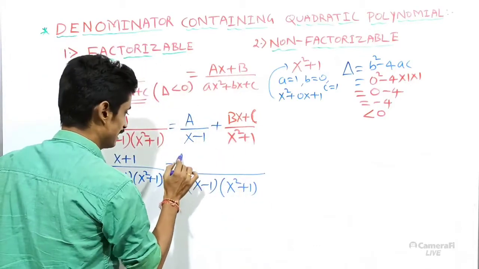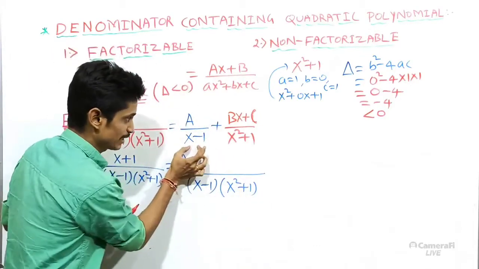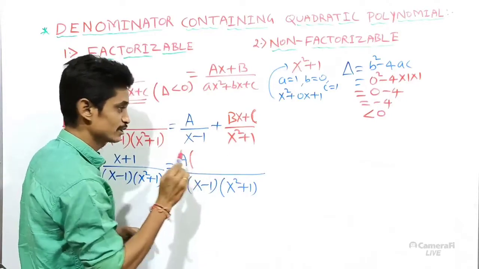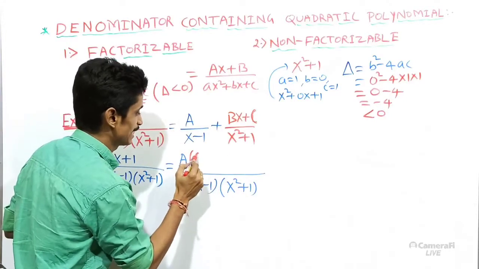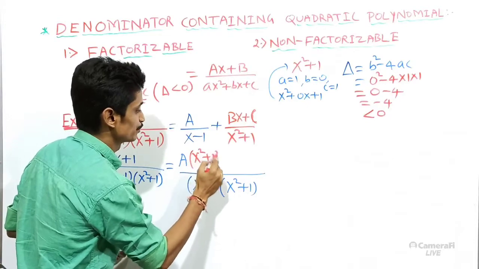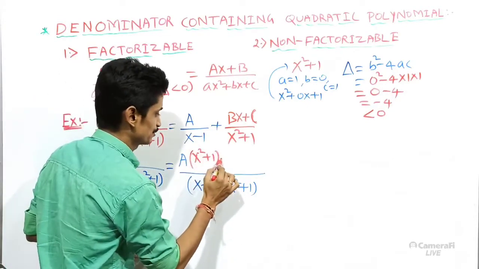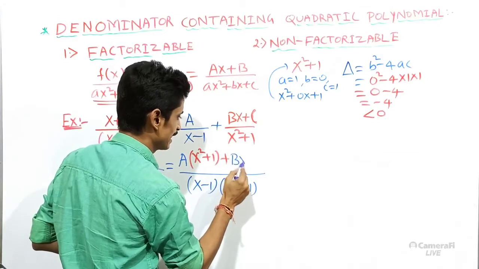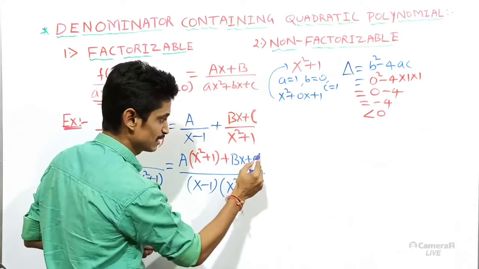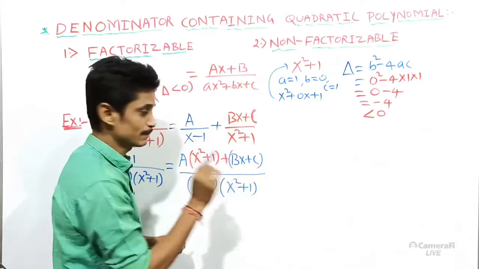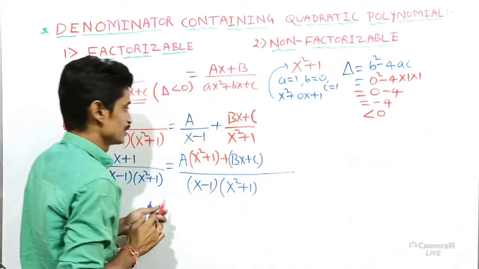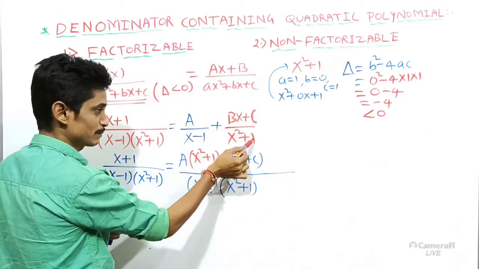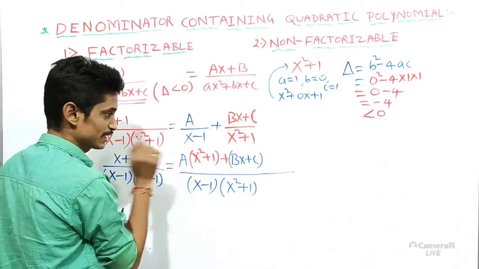So here I have a, but I don't have x square plus 1. What can I do? We multiply a by x square plus 1. Clear? Plus the remaining part as usual, bx plus c, a binomial term, compulsorily you should take a bracket, into x square plus 1 is here, but not the x minus 1.